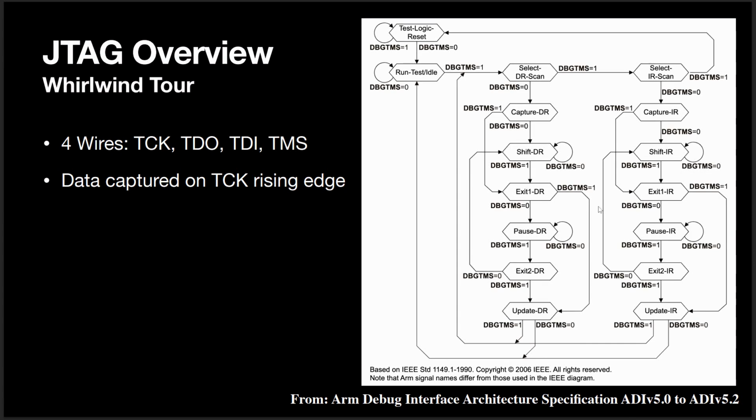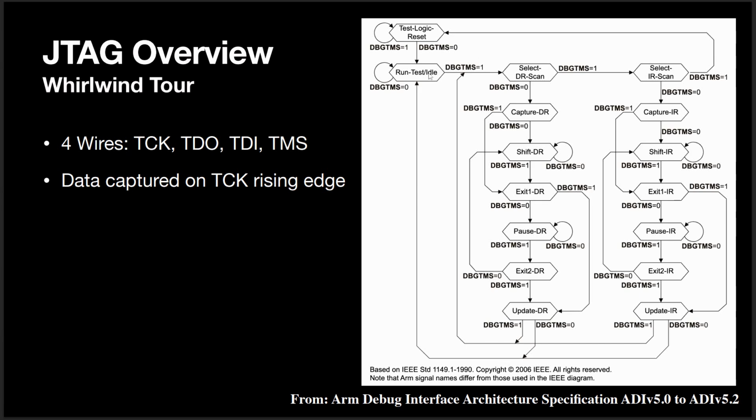I guess I could use the arrow, which is very difficult to see, but I'm going to rely on human motion. This guy right here. So using a particular pattern of TMS and TCK, we get to here, then we clock in our value, and then we go 1, 1, 0 to get back here into run test idle.